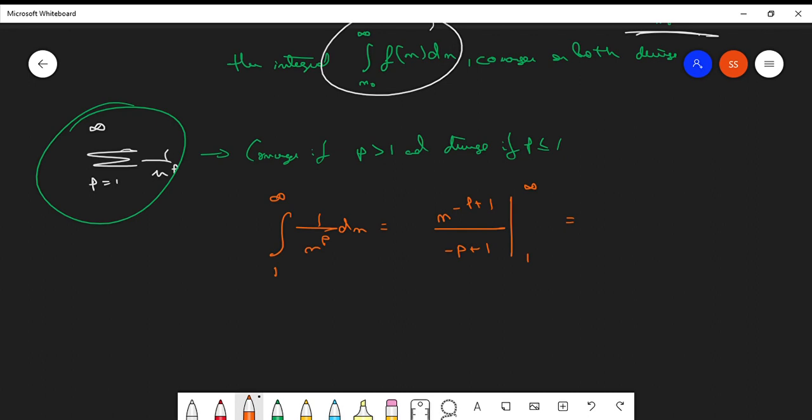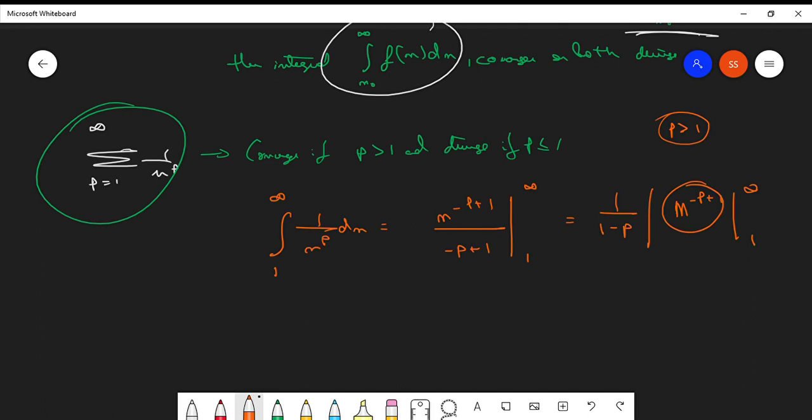You can take the 1 over 1 minus p outside. Inside, you are left with n to the power minus p plus 1 from 1 to infinity.